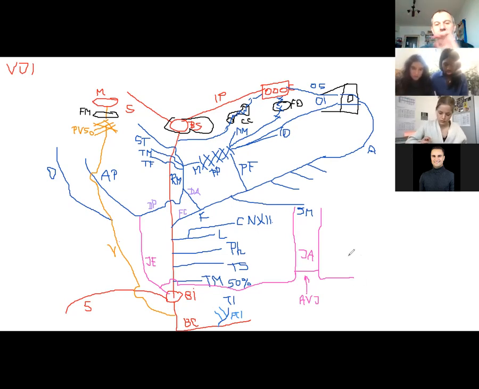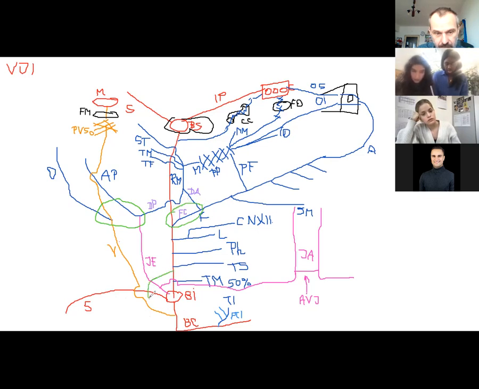And this is again a textbook scheme. So the areas which are usually variable, yeah, I'll just draw them for you so you can see that here the veins can drain differently. Here the veins can drain differently. And here the veins can drain differently.